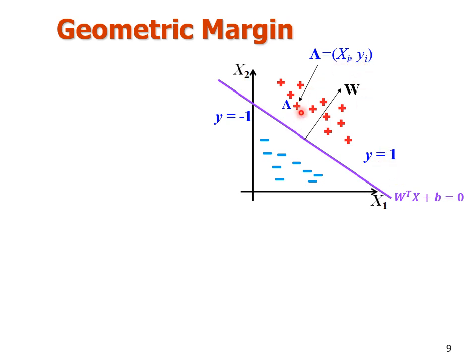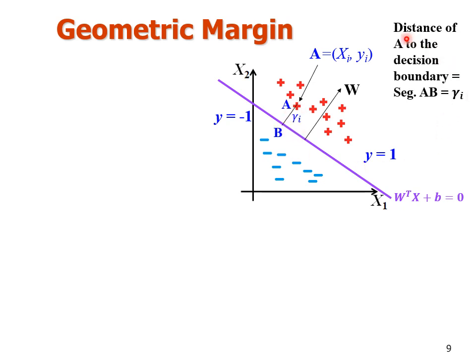Now we have drawn one perpendicular from this data point A to our decision boundary, and this perpendicular meets our decision boundary at point B. So this line segment AB denotes the distance to the decision boundary from point A, and it is represented as gamma i. And we would like to find out now this gamma i. This data point A represents xi.